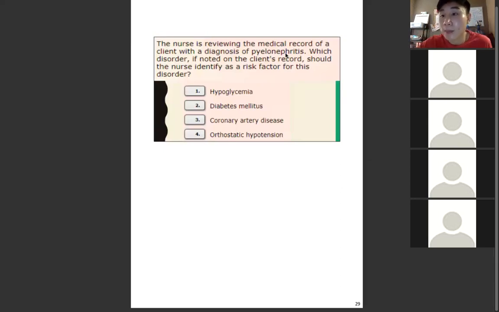When the UTI in the bladder has gone untreated, it moves to the kidney. Then it becomes pyelonephritis, and patients with diabetes mellitus have a low immune system and are prone to a lot of infection. So that's why this is the correct choice for this question.